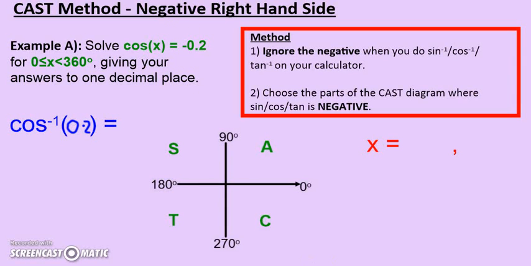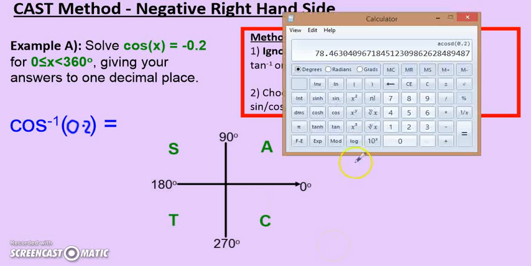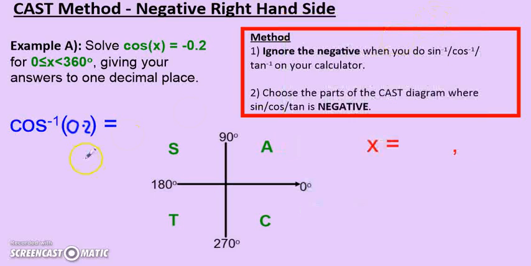Ignore that negative sign for now, we're going to let the diagram deal with it. And that to one decimal place is 78.5 degrees. So that's going to be our key angle that we use in our answer.